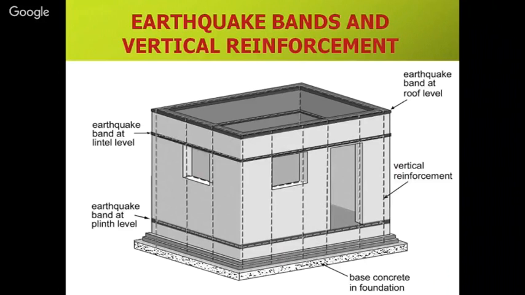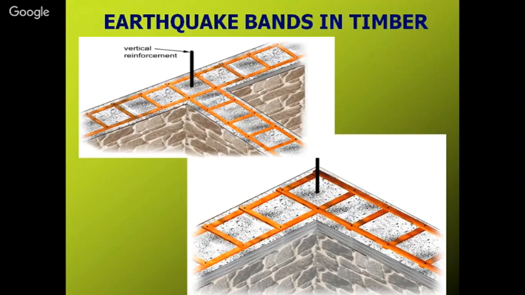A vertical rod is provided through and through in the building, at the corners as well as at the corners of the openings, so that it will behave in a single manner. In this way we reduce the unsupported length of our wall.